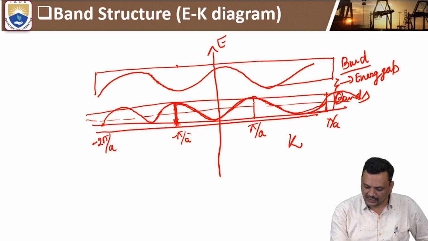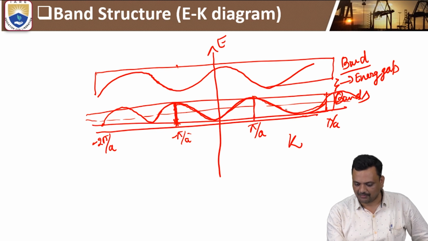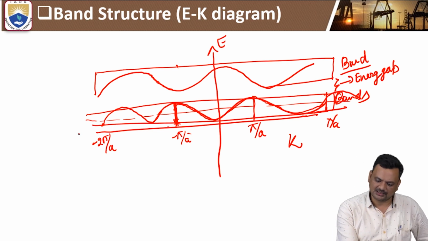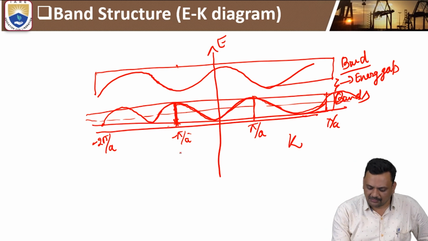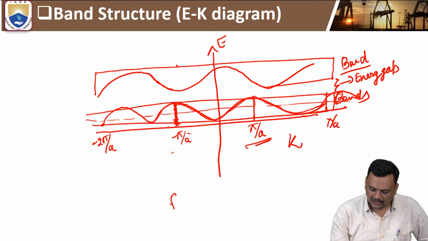You can see the same thing is repeated after pi by a, and here the same thing is repeated at minus pi by a. This minus pi by a to plus pi by a region is known as the first Brillouin zone.